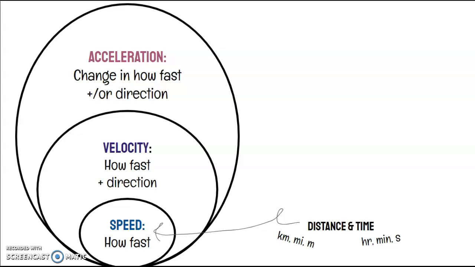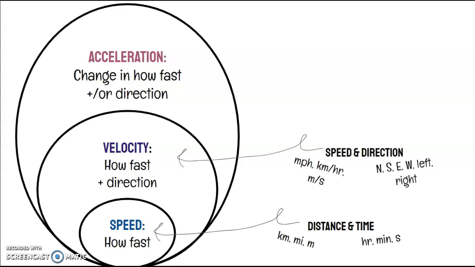Those come together to create your unit for speed, like miles per hour, kilometers per hour, meters per second, or feet per second. When you add a direction term to that speed unit, now you have your unit for velocity.